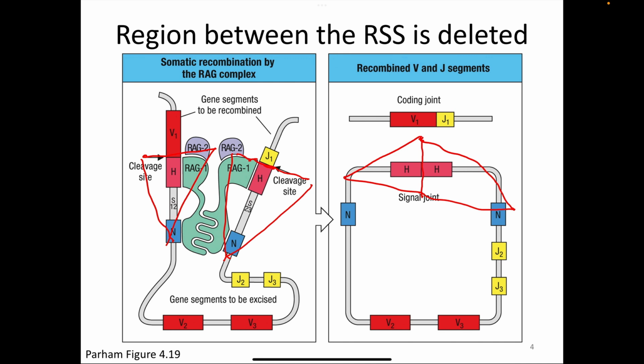So you can see that the RSS is included in the deleted DNA, and that we are putting together the gene segments without that RSS in between. And like I said, yes, the triangle should include the N, but my art skills are just not that good. And you can see all of that DNA that was in between got deleted.